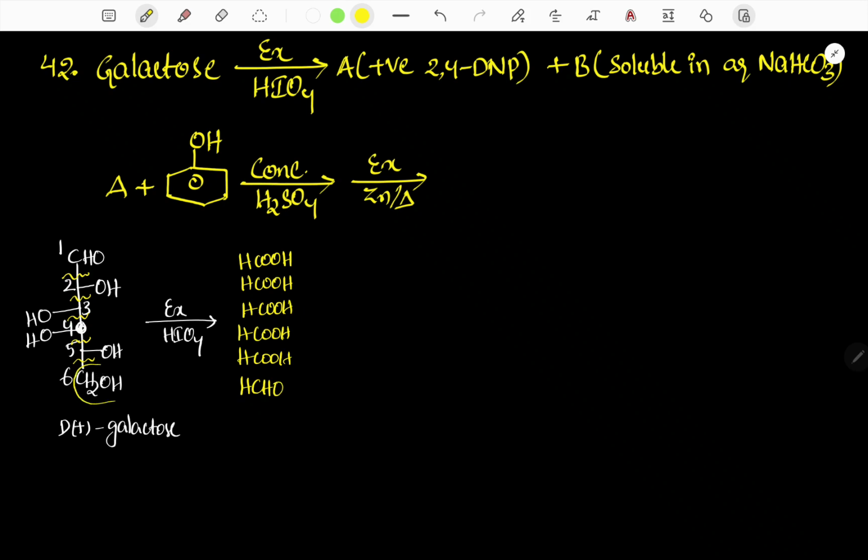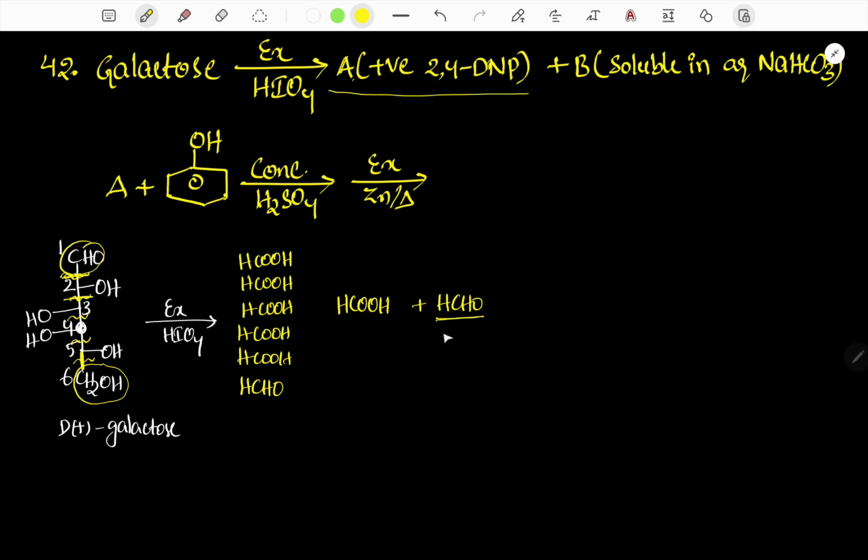So it participates in bond breaking only one time, so one time oxidation, and the secondary carbons two times each. Finally we got mainly two compounds: one is formic acid, one is formaldehyde.